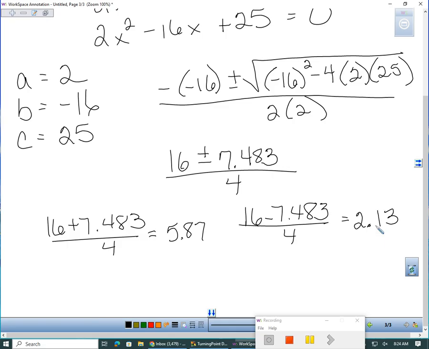Yes. Well, not everything's going to factor today. Obviously, if it comes out to be a decimal, this is going to work. Okay? Trust me, once you start doing this one, you're going to end up liking this one the best.